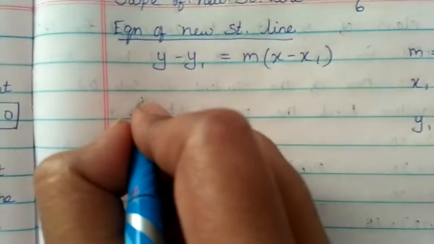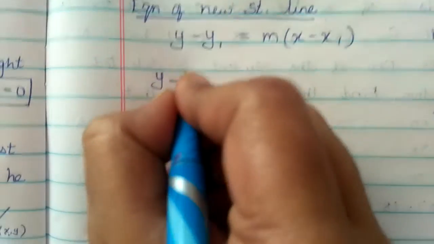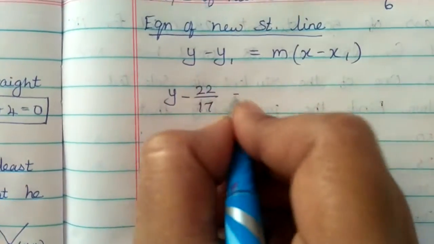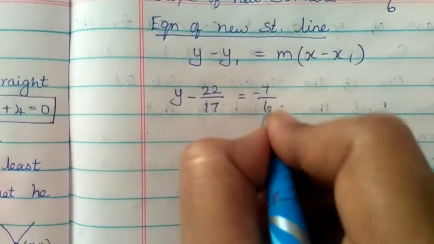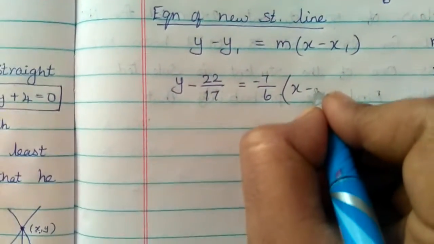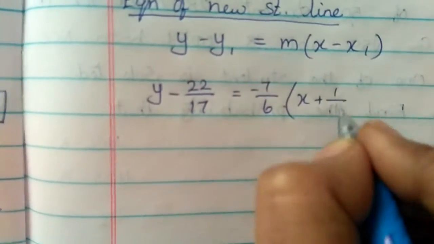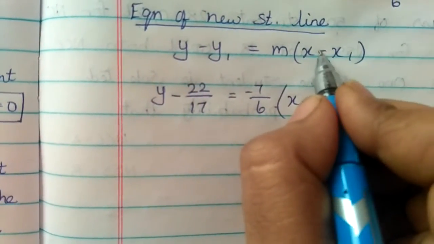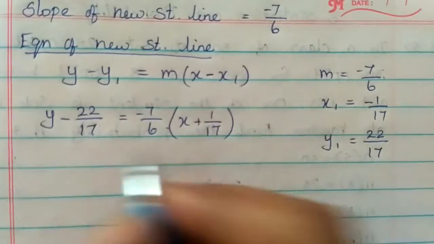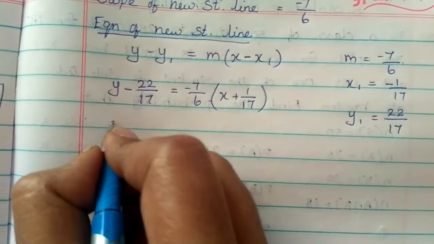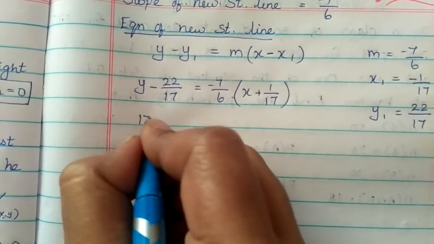Substitute these values in this formula. y minus 22 by 17 equal to minus 7 by 6 into x minus minus 1 by 17. So minus and minus will become plus. Then cross multiply by 17.